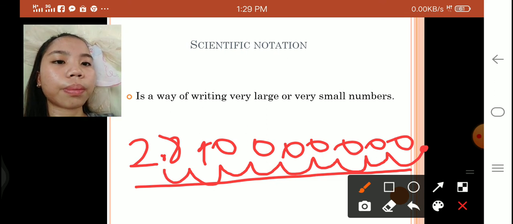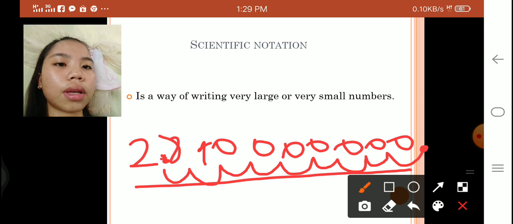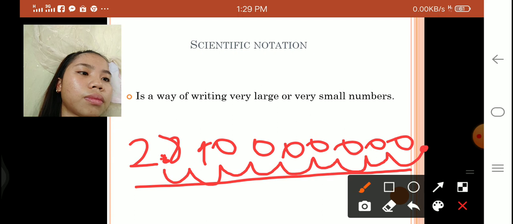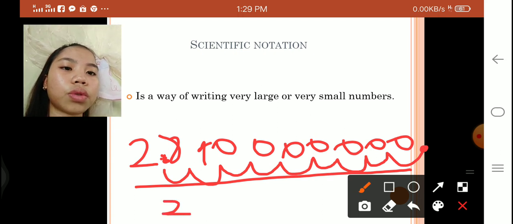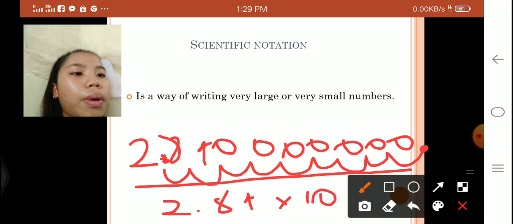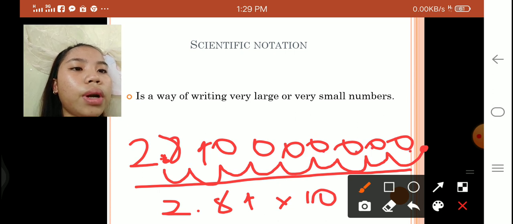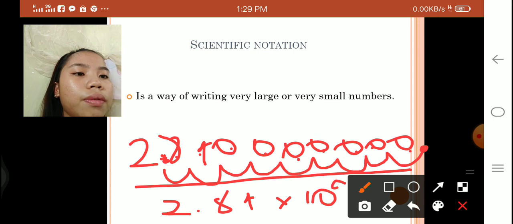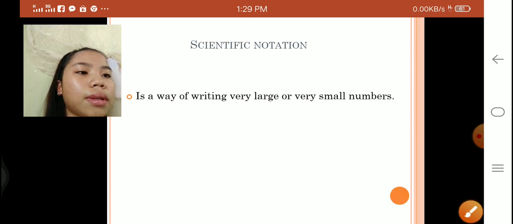So, the decimal point is here in between 2 and 8. It becomes 2.89 times 10 raised to the power of 9.